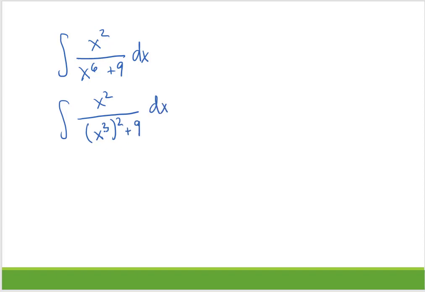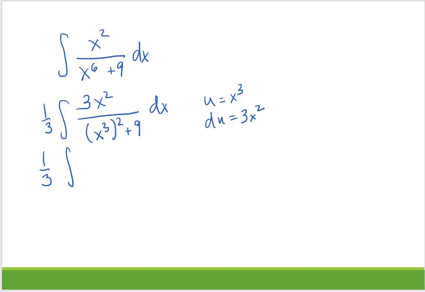The reason I changed that to x to the third squared is because I see an x squared up there. So then when I do my u, which is x to the third, my du becomes 3x squared. So I need a 3 and a 1/3.